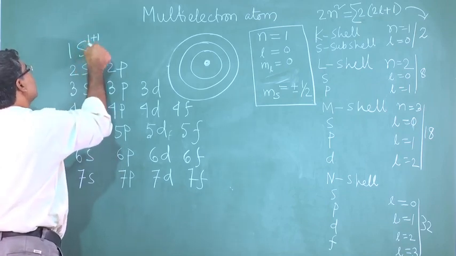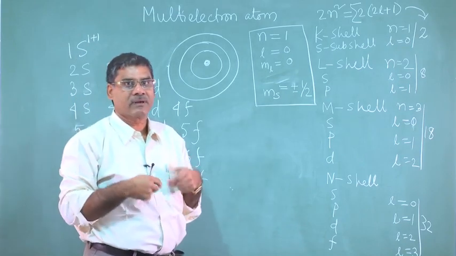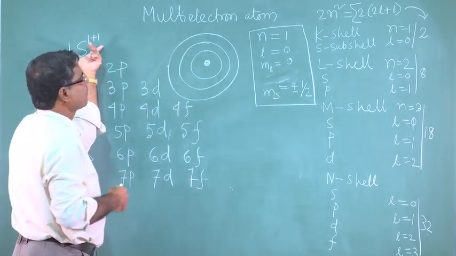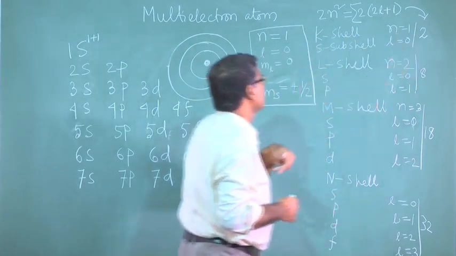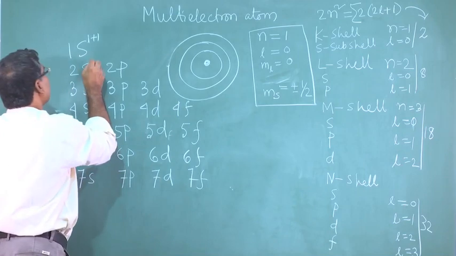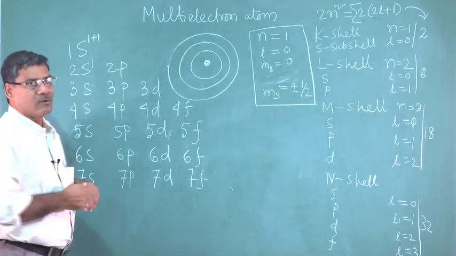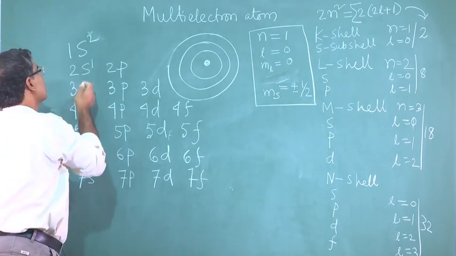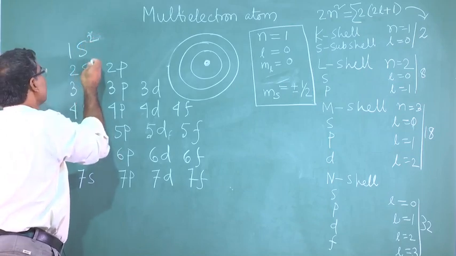So, basically 2 electrons I can put. Now, the third electron I cannot put here, as per the Pauli exclusion principle; maximum 2 electrons I can put. So, I have to go for the next one. That will be the ground state for lithium: 1s2, 2s1.